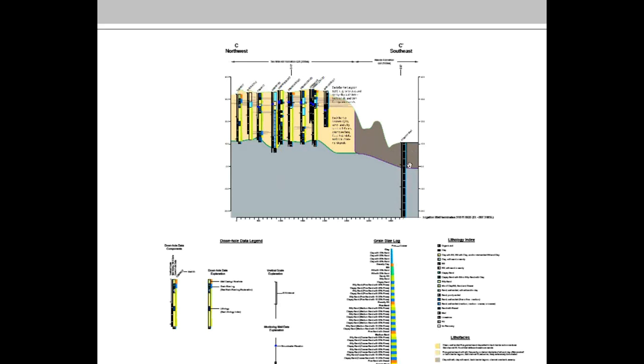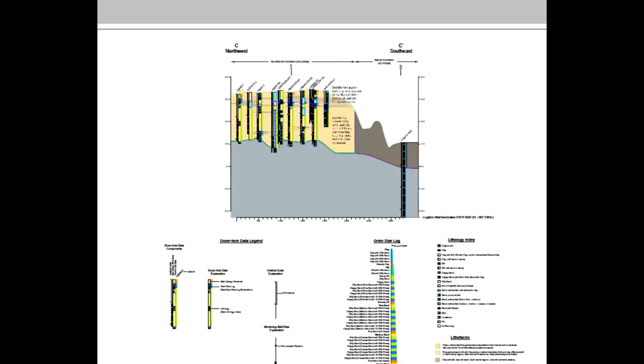But then we hit this back barrier deposit here, which would be further away from the shore during that depositional environment, and it would be mostly clay. So where you are in the depositional environment makes a whole lot of difference as to whether your formation is going to be transmissive or storative in terms of contaminants.